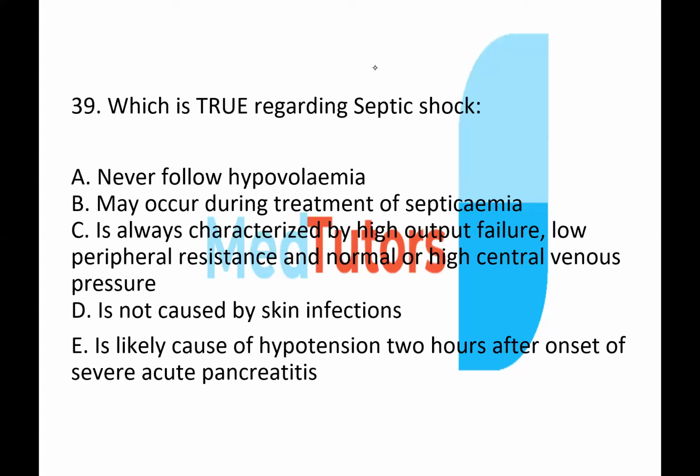Low peripheral resistance and normal or high central venous pressure. It's not caused by skin infection. It's likely caused by hypotension 2 hours after onset of severe acute pancreatitis.